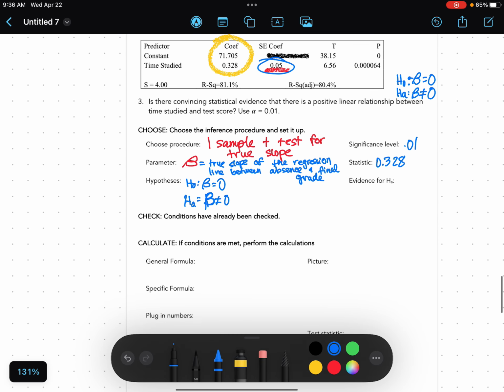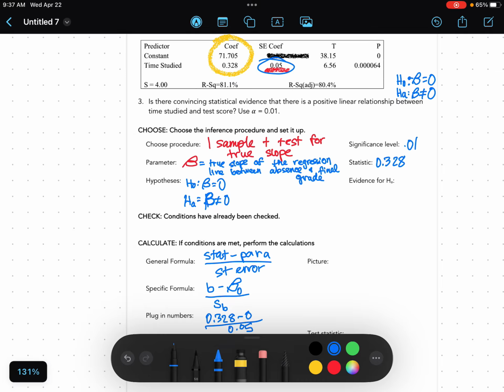So the general formula for this, I'm just going to zoom out a little bit, would be our stat minus our parameter divided by our standard error, right? So that's our slope minus our slope from our hypothesis divided by the standard error of slope, which would be 0.328 minus, we're assuming 0, over 0.05.